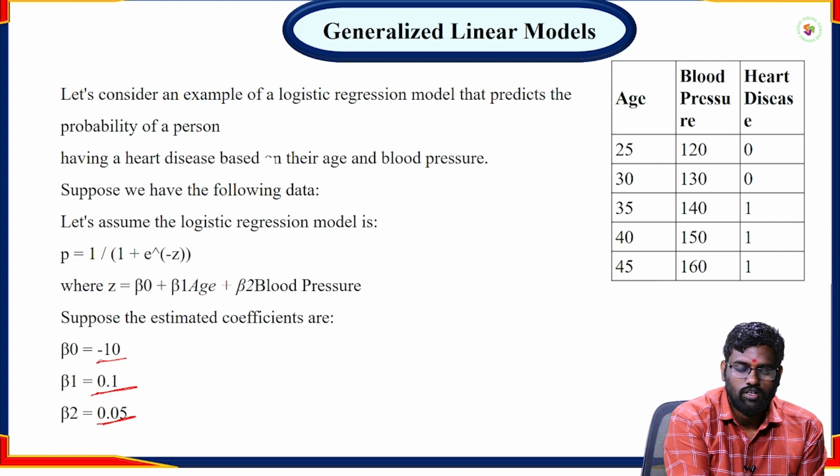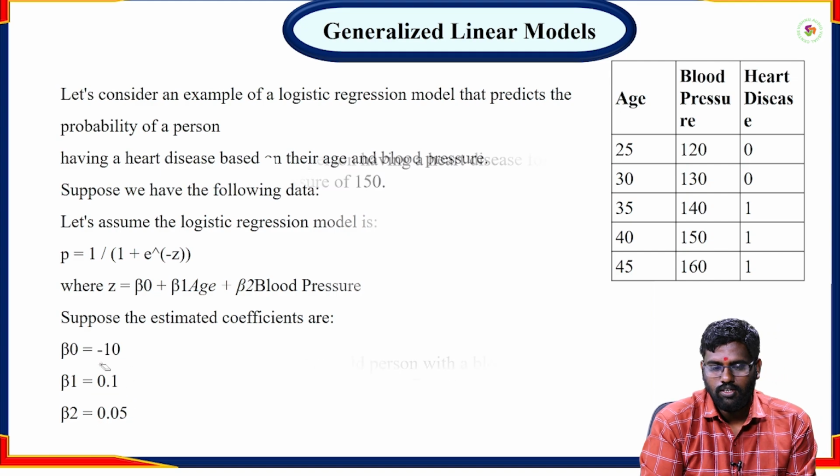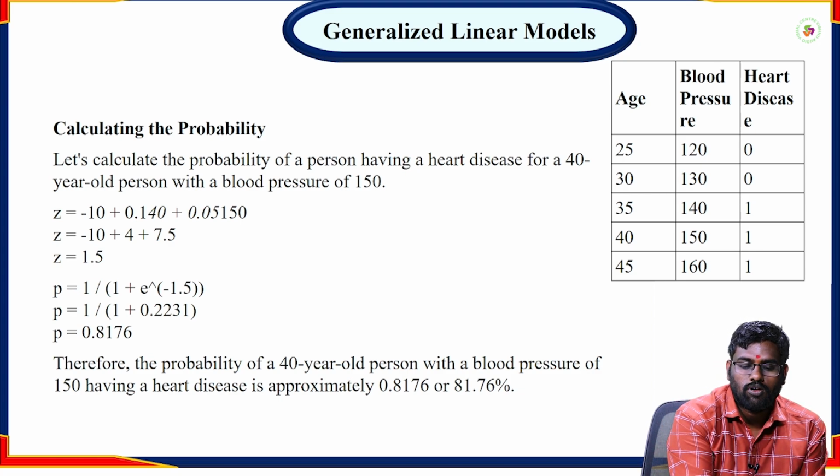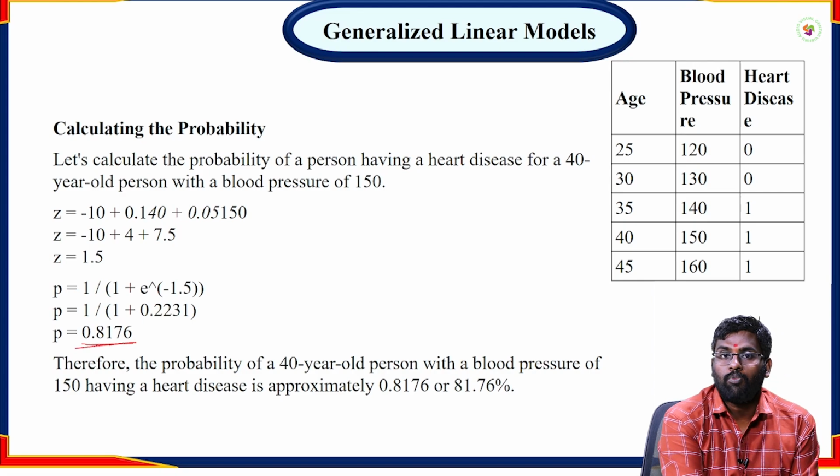Based on these assumptions, after substituting the values, we get the Z value as 1.5. So the P value is 0.8176. The probability value means 81%.